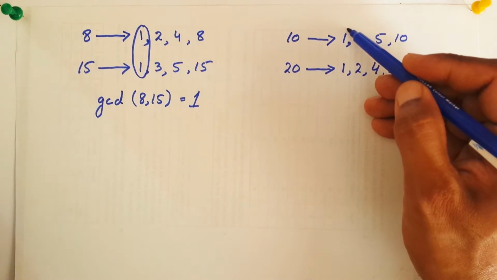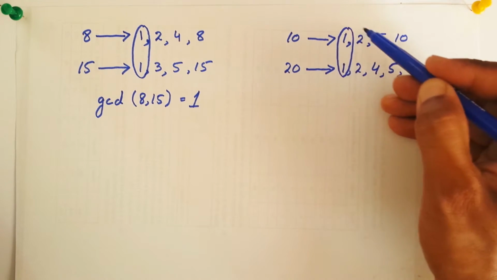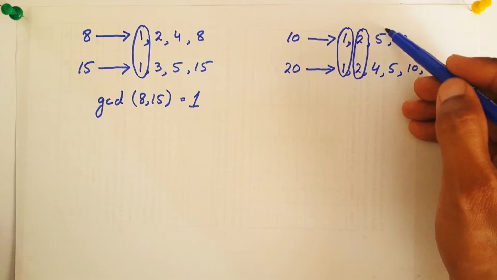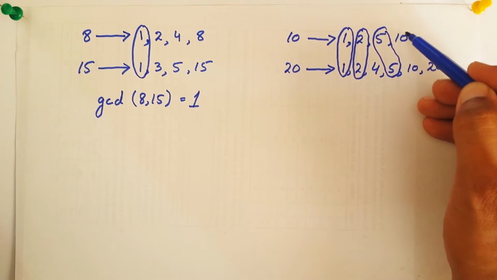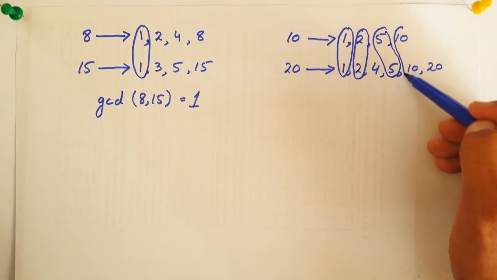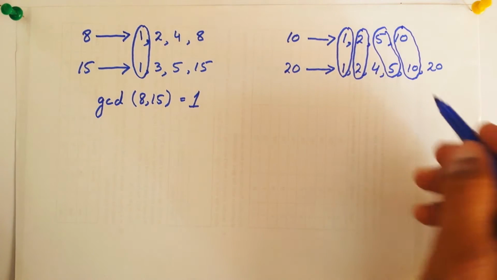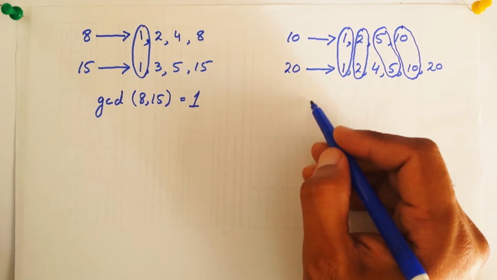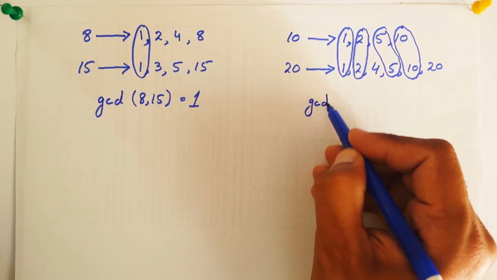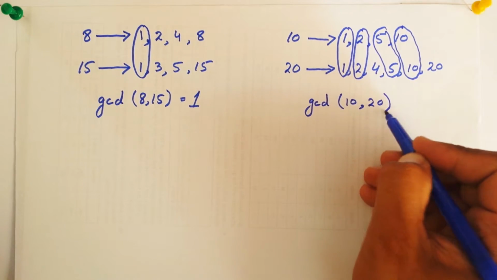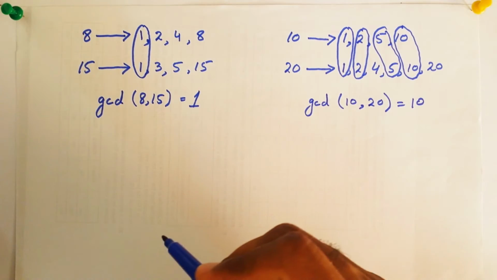We circle the common factors, which are 1, 2, 5 and 10. Here the greatest common factor or greatest common divisor of 10 and 20 is 10.